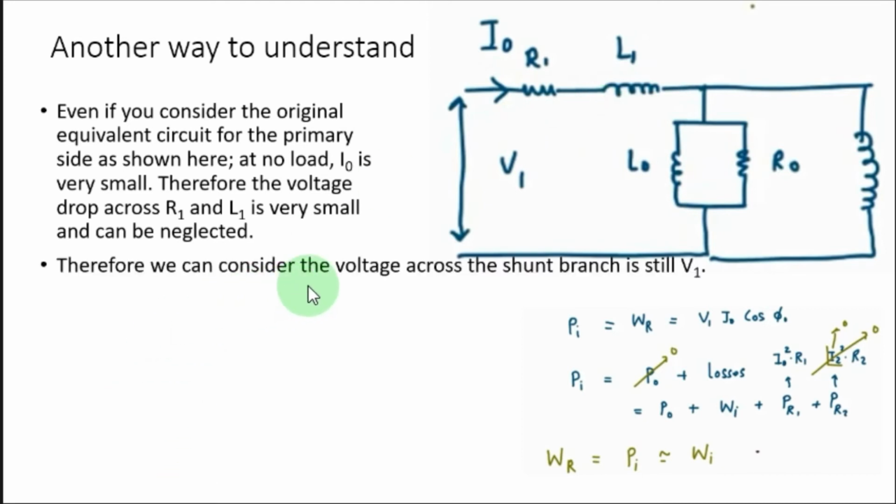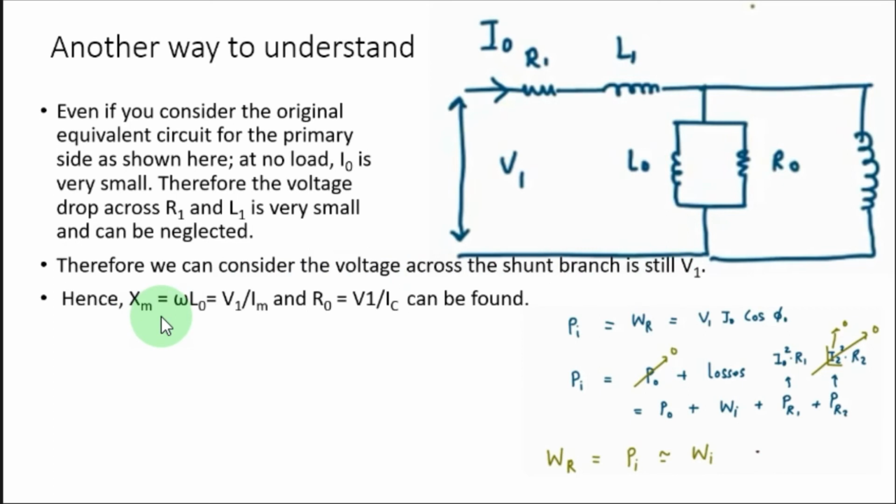Therefore we can consider the voltage across the shunt branch is still V1. Hence Xm, which is omega L naught, is equal to V1 over Im, and R naught, which is equal to V1 over Ic, can be found, because we know Im and Ic, right?